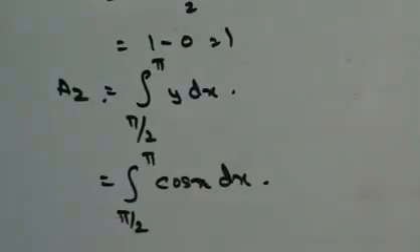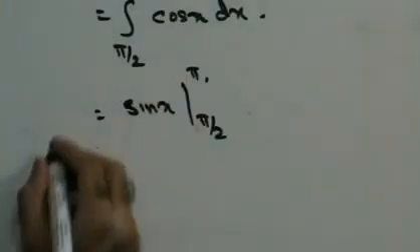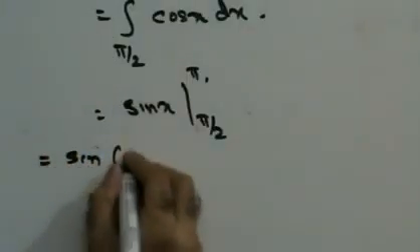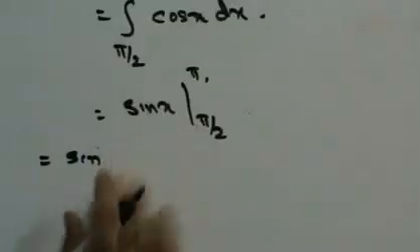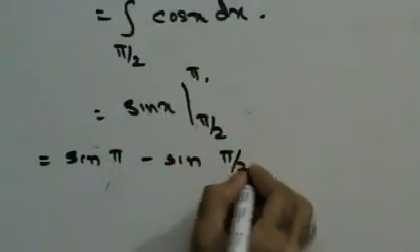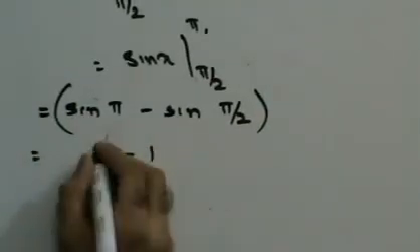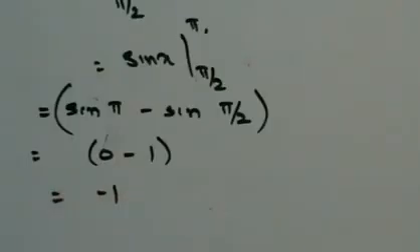The integral of cos x is nothing but sin x when the limits are between pi by 2 to pi. Now, this is going to be sin pi minus sin pi by 2. This is nothing but sin 180, which is 0, minus sin 90, which is 1, so it is minus 1.